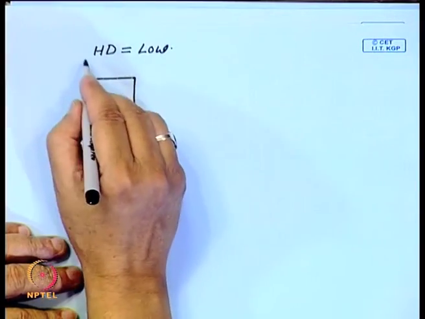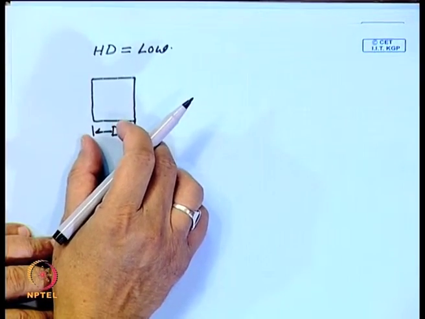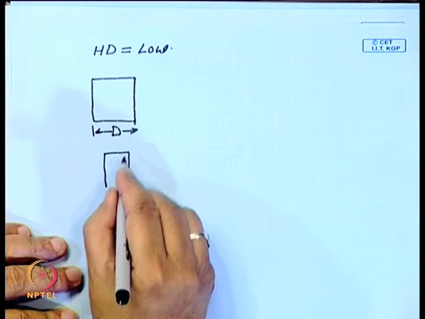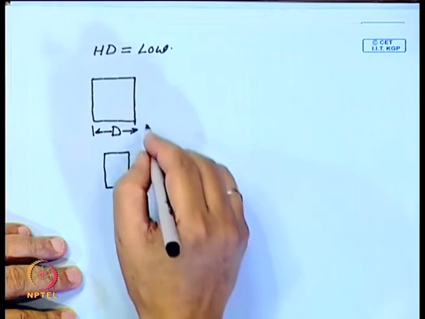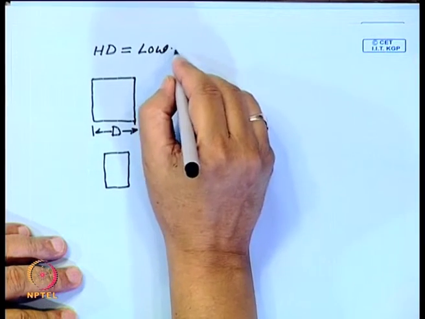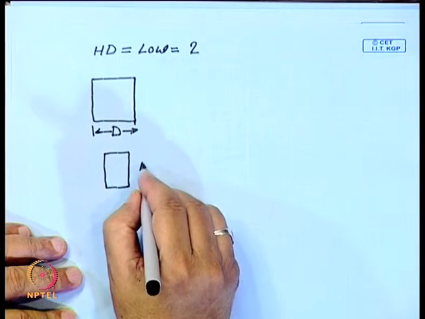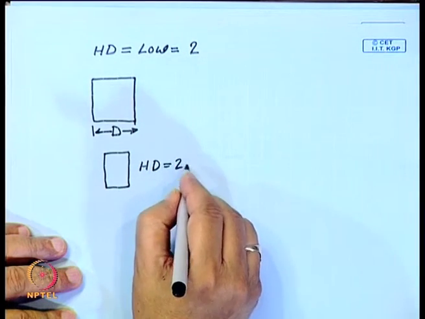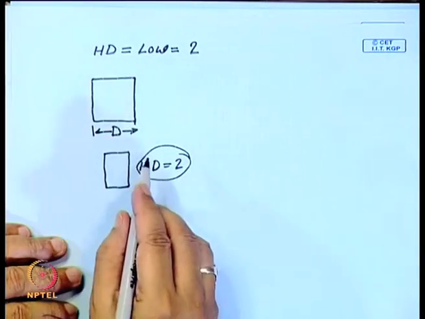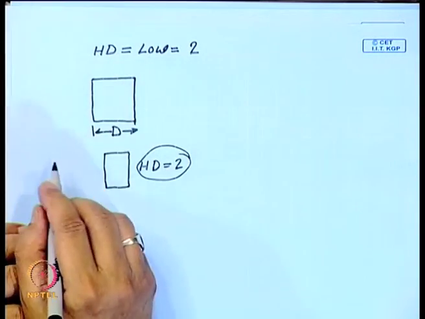Whether the diameter is this or small, if HD is the same, say HD equal to 2 here and also 2 here, then depending on whether it is low or high, it will determine the nature of the temperature profile that you have.